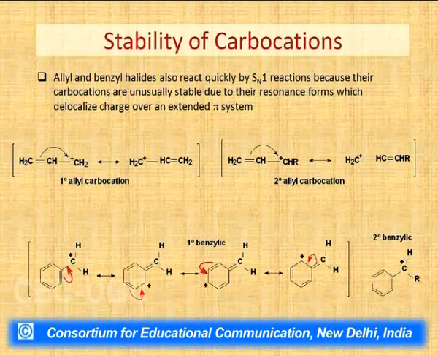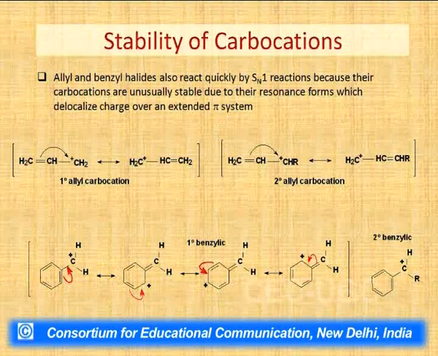Stability of carbocations. Allyl and benzyl halides also react quickly by SN1 reactions because their carbocations are unusually stable. Why are they unusually stable? Because of delocalization of positive charge over an extended pi system.